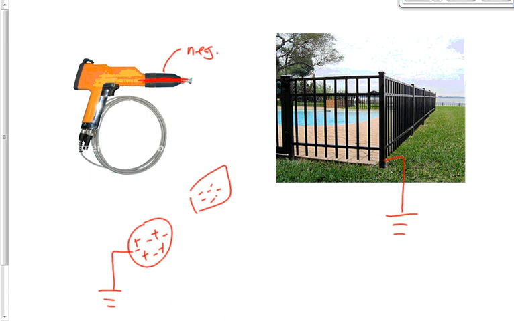They want to go to the ground. So what's going to happen to these negatively charged paint particles? Well, the negatively charged paint particles aren't going to physically go down into the ground. It's charge that goes down into the ground, right? But the paint particles are going to be attracted to these pieces of steel. So what happens as you're blowing the paint against this steel fence?